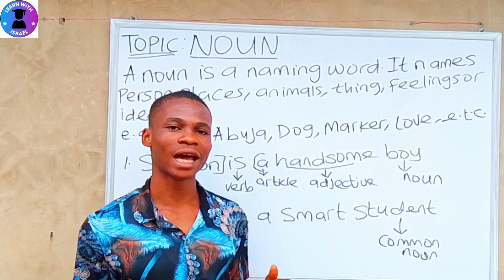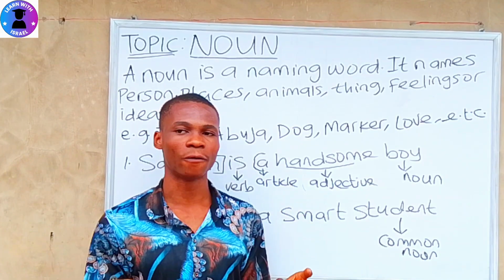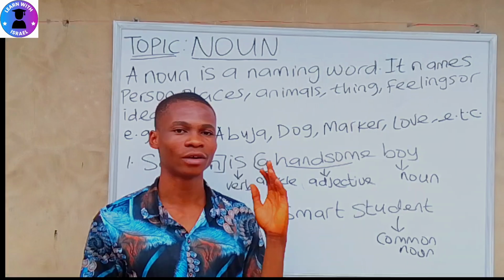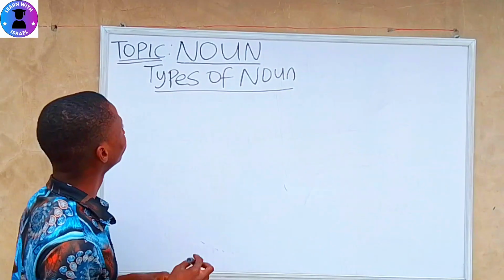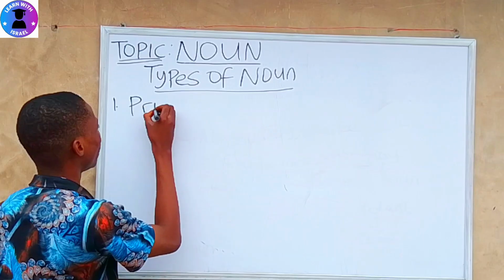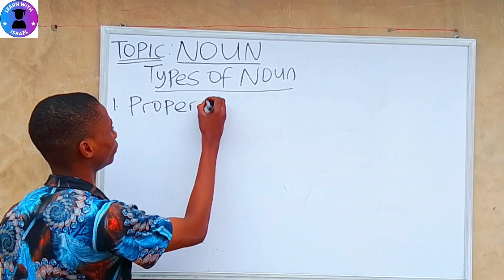So now let's dive into the types of noun. We have 7 types, so we treat it one after the other. Let's start from number 1, which is proper noun.